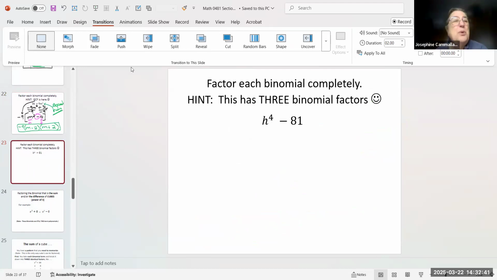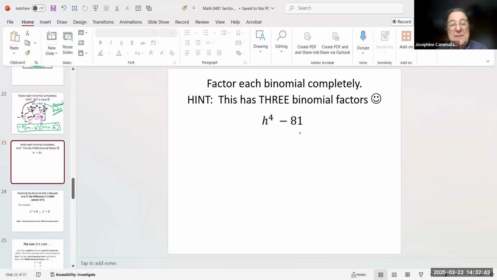Now, this is one that we've talked about in the past. Right here, this has a 4.